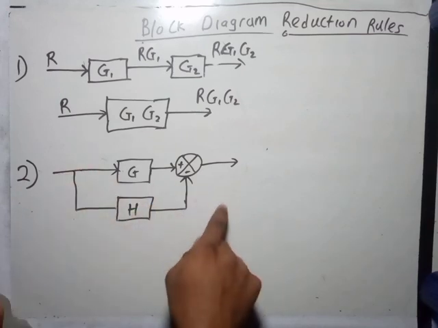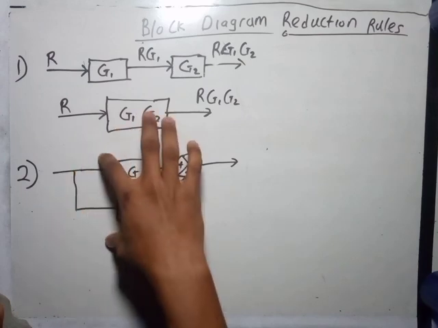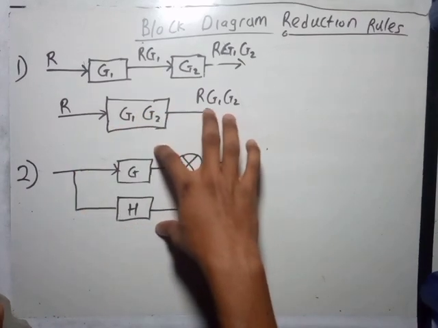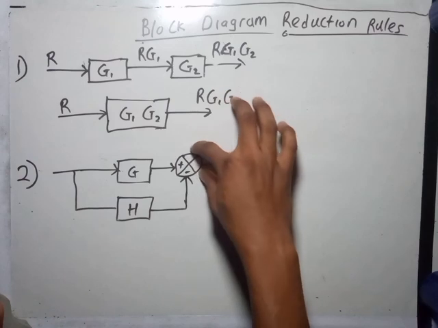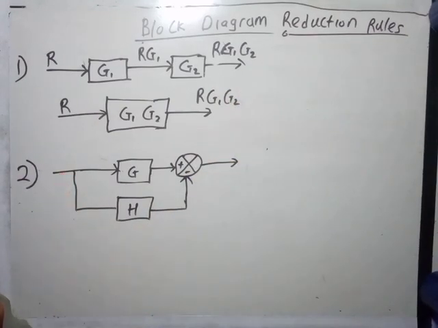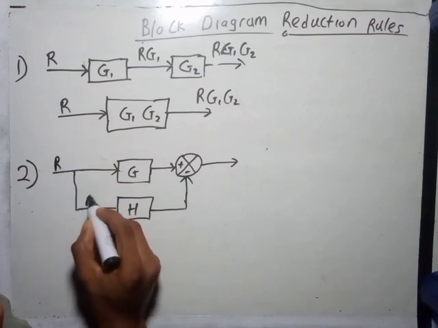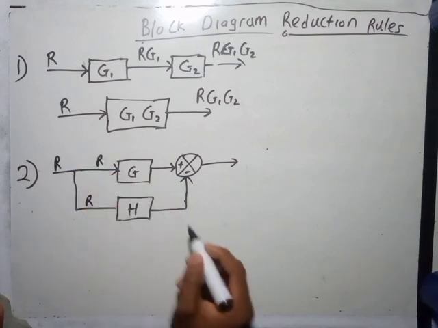Instead of a feedback loop, at this input part you have your signal being duplicated here. So they travel in parallel, then come to your summation. Let's say our R is here, R continues here, and R continues in this part.